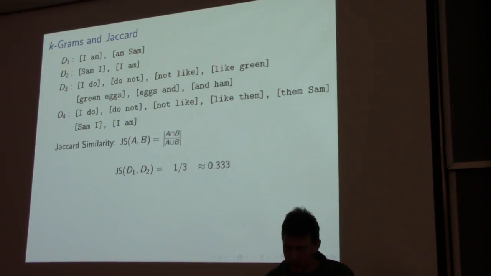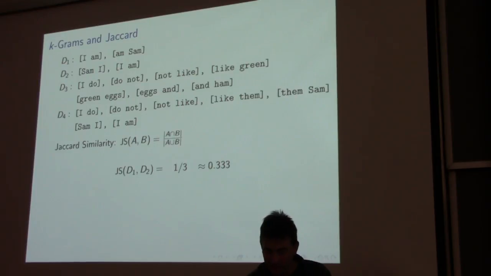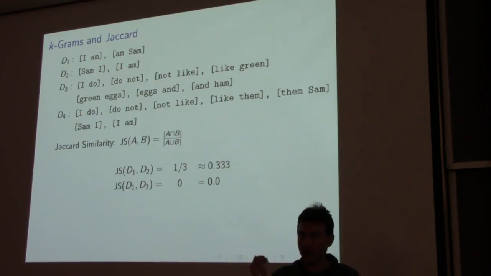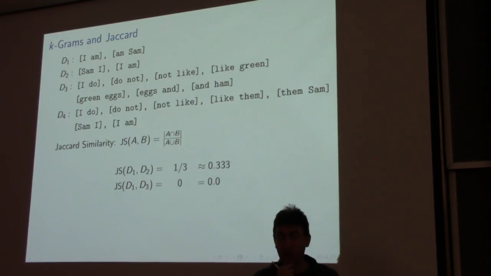What is the Jaccard similarity between documents D1 and D3? 0, because there's no intersection here. Good. How about D1 and D4?